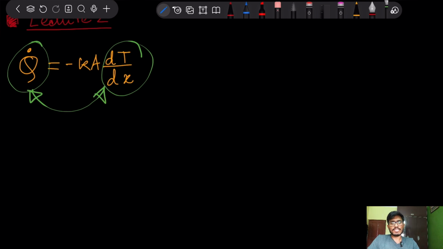So my question is, why do we need Fourier's law, or in other words, why do we need this connection between the rate of heat transfer and the temperature gradient?